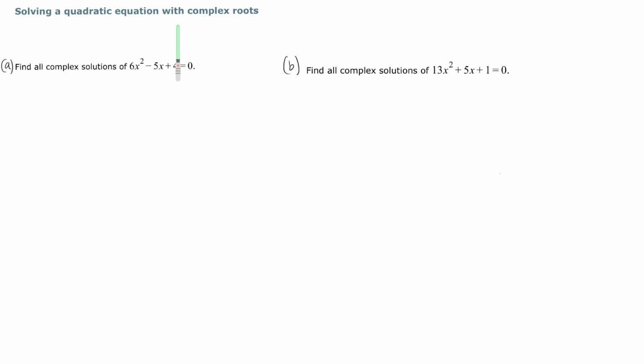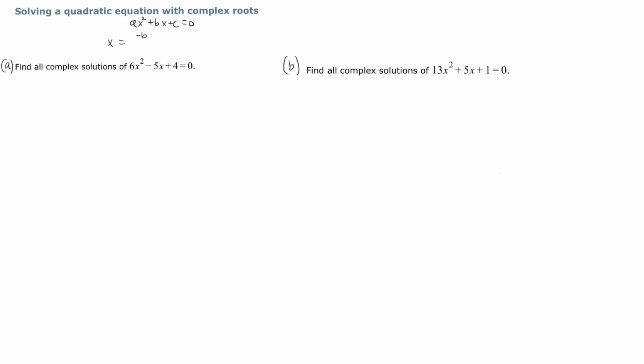Solving a quadratic equation with complex roots. Find all the complex solutions of this quadratic equation. Why don't we apply the quadratic formula? Remember that if you have ax squared plus bx plus c equals 0, then we actually could use this formula.